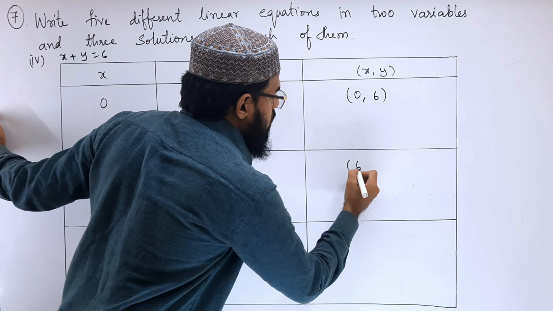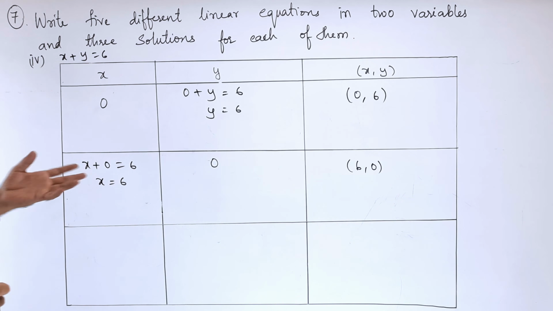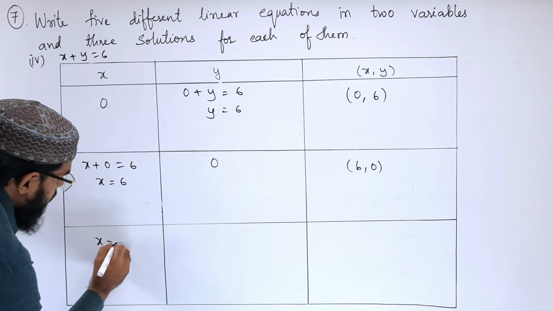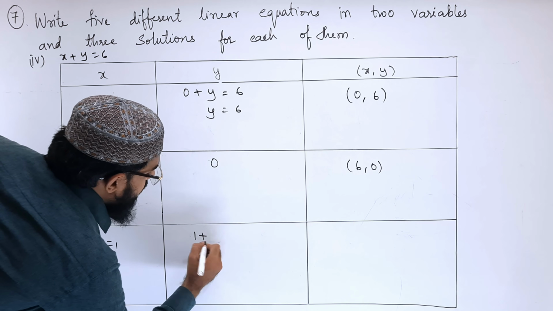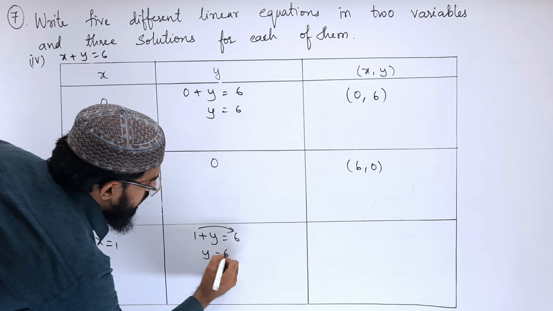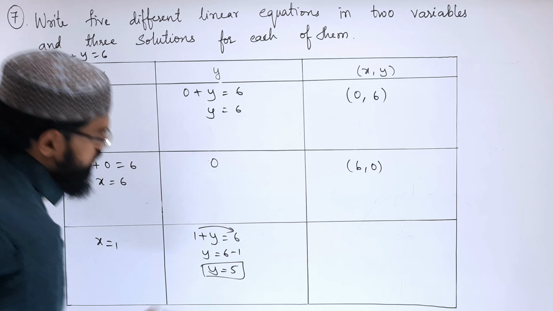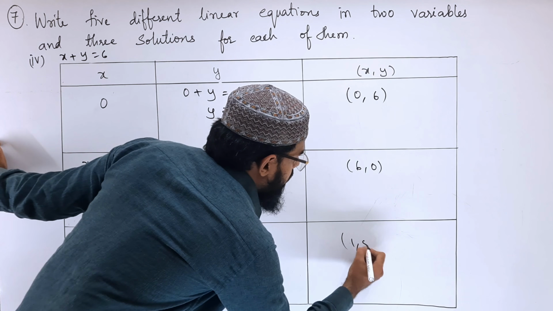So (6, 0). Now we can take x = 1. So 1 + y = 6. 1 goes to that side. y = 6 minus 1. y = 5. (1, 5).